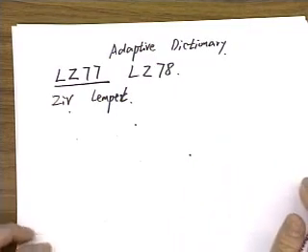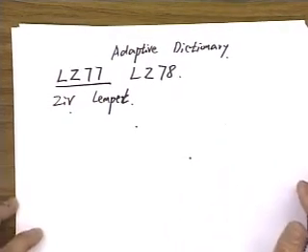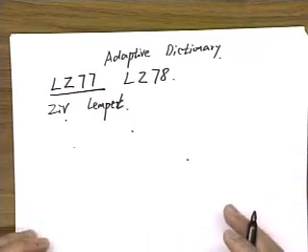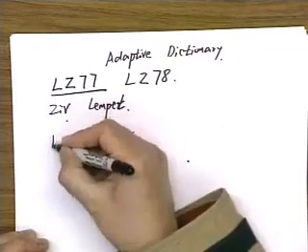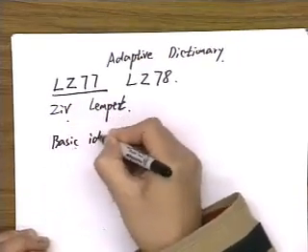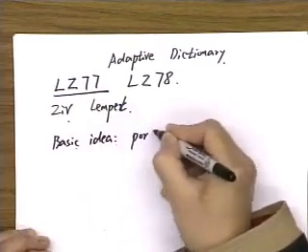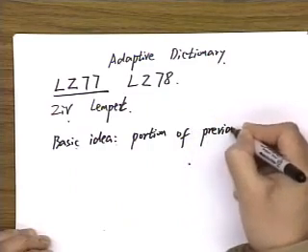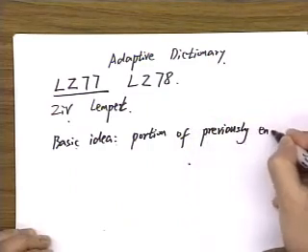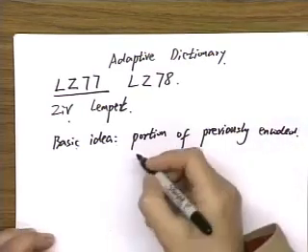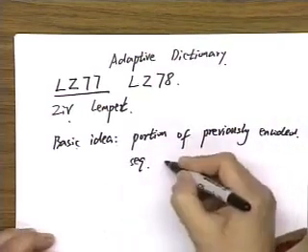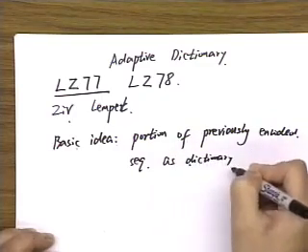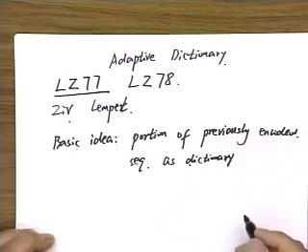And the basic idea of the adaptive dictionary is that they do not use a fixed dictionary. The dictionary changes. They use a portion of the previously encoded sequence as the dictionary, and they use a kind of sliding window technique.